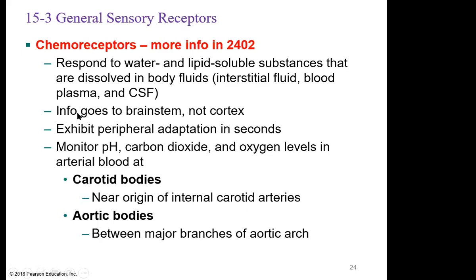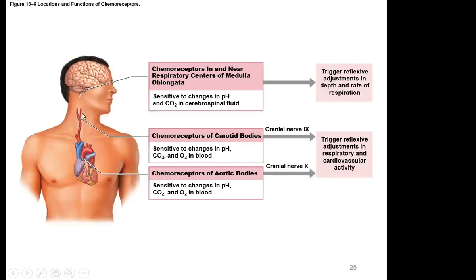Okay, so you can see that they will be monitoring various chemical concentrations of the blood, because it's very important for the blood to stay tightly regulated. We have carotid bodies and aortic bodies that are going to help give us our chemoreceptor information, and they are linked to different parts of the medulla oblongata.